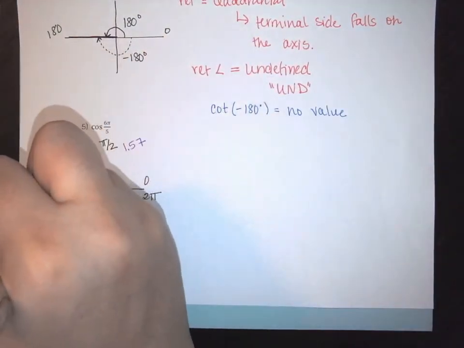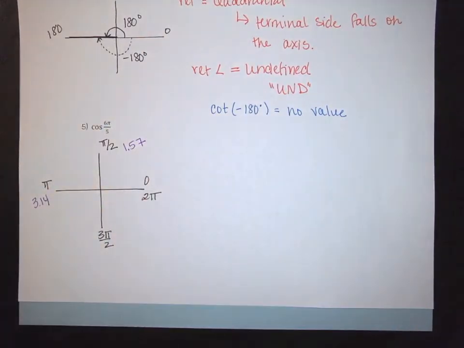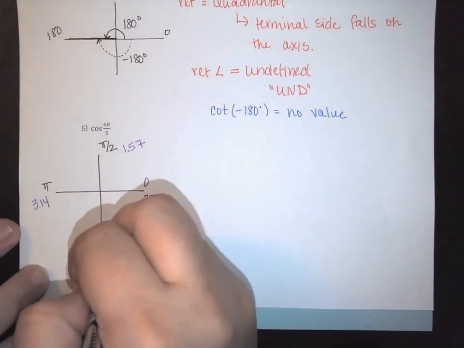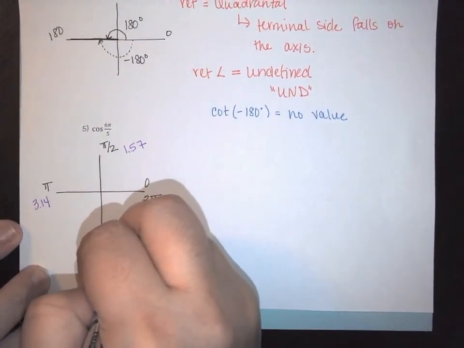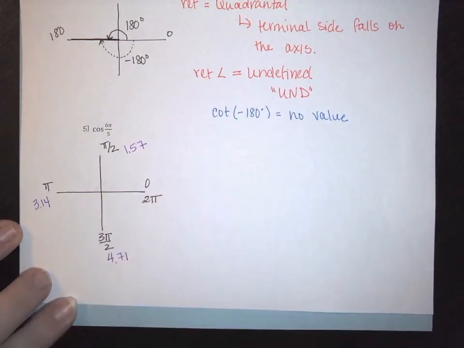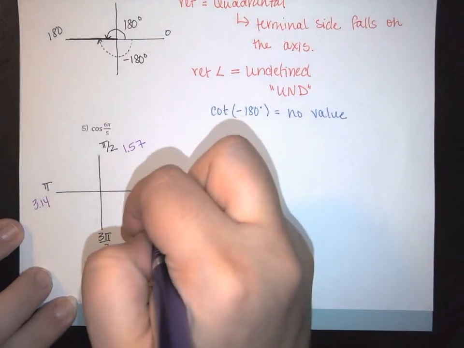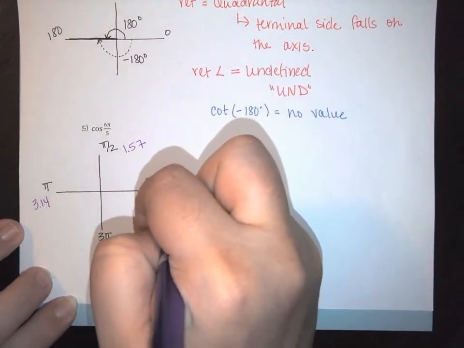Pi would be 3.14. 3 pi divided by 2 is going to be 4.71. And then we have 2 pi, which is going to be 6.28.